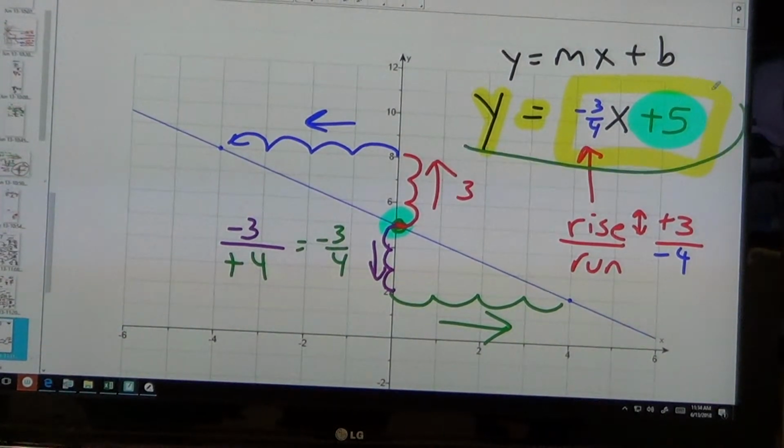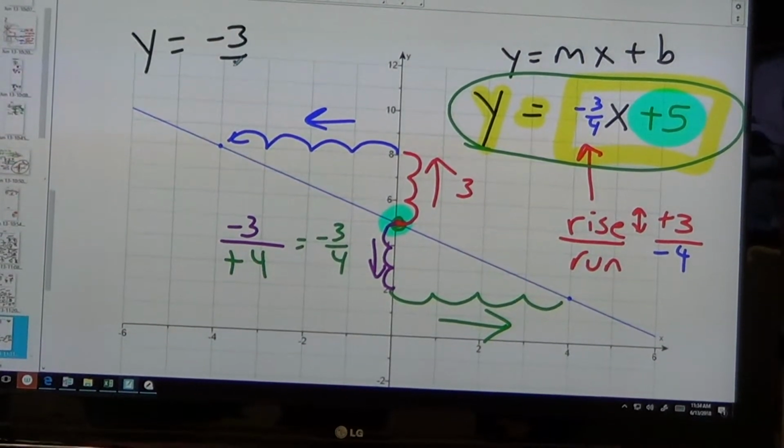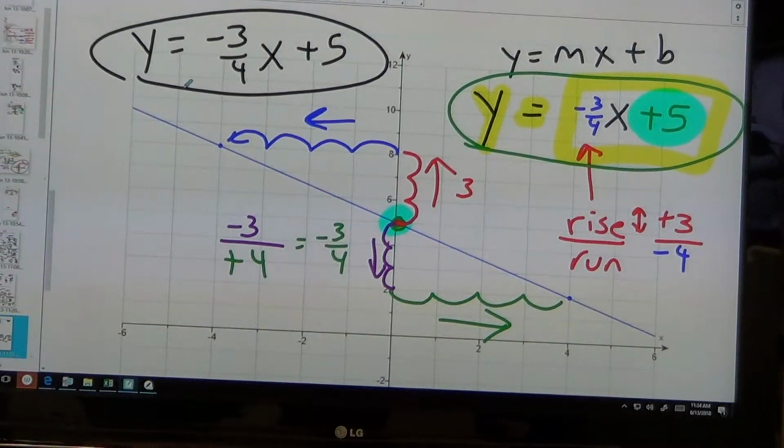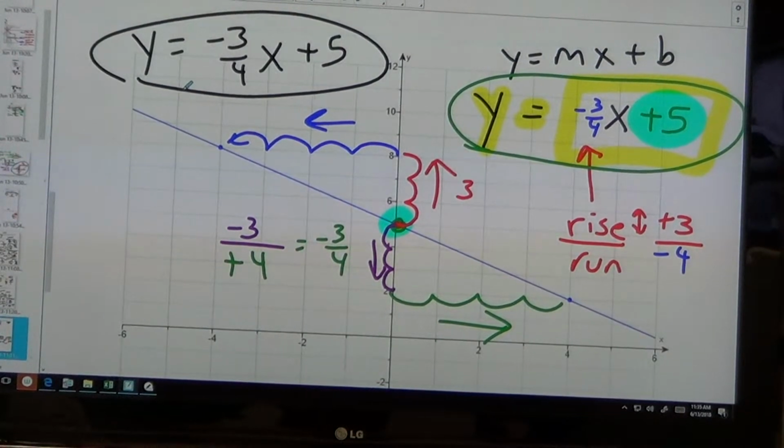So my equation is going to be y equals negative 3/4 x plus 5. So they're just showing you, no matter whether you start at the 5 and rise and run one way or the other, you're still going to get the same thing.